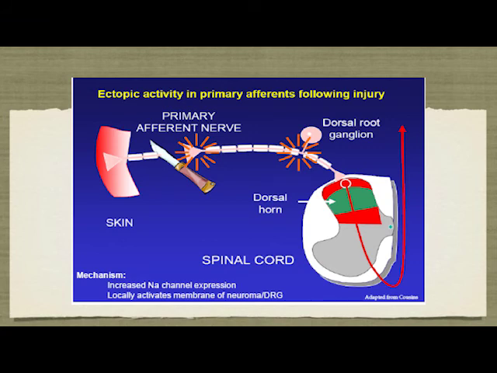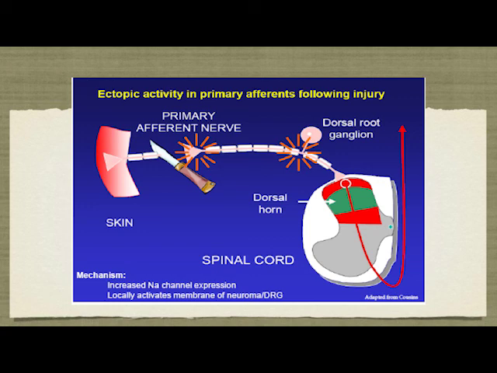In the inflammatory pathway, we know there are inflammatory mediators, but in the neuropathic pathway, when you see neuropathic pain like in people with peripheral neuropathy, the mechanism is different. The peripheral nerve is the pathology there.